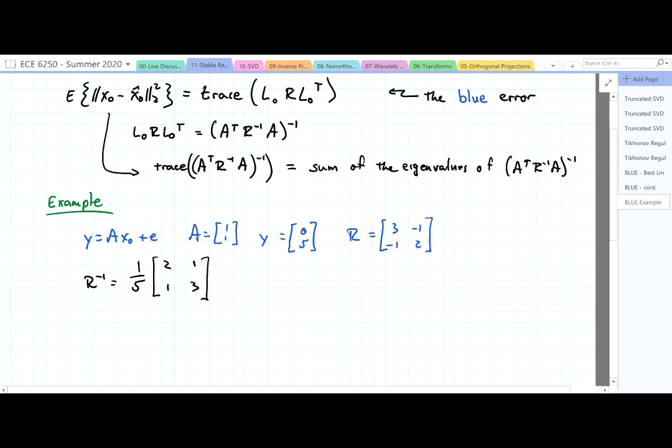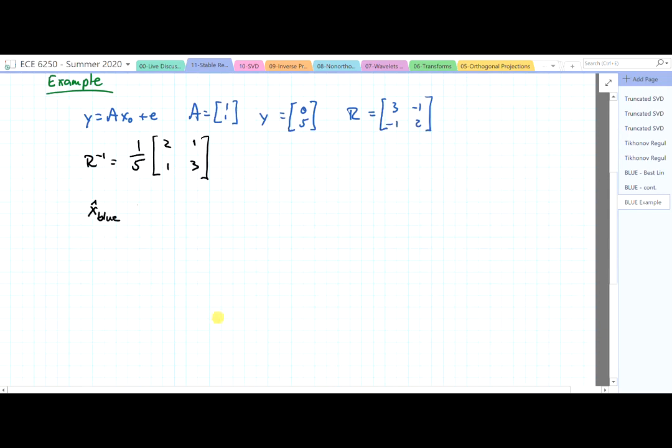Then x hat BLUE is equal to [1, 1], that's A transpose, times R inverse, [2, 1; 1, 3], times A. We've got this 1/5 that shows up out there.